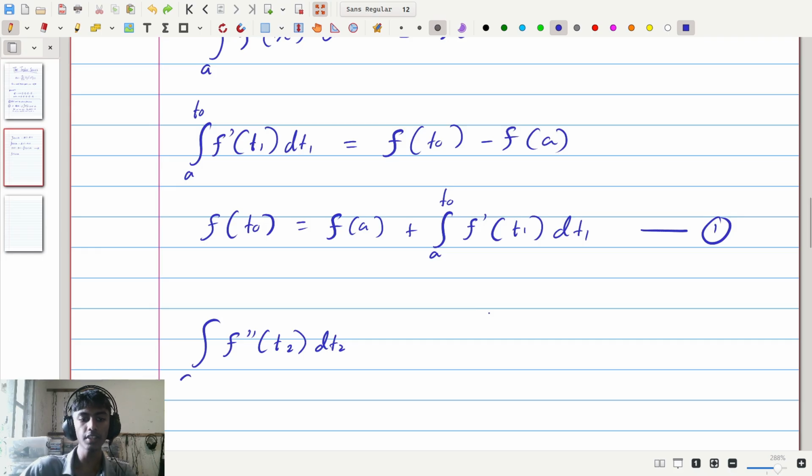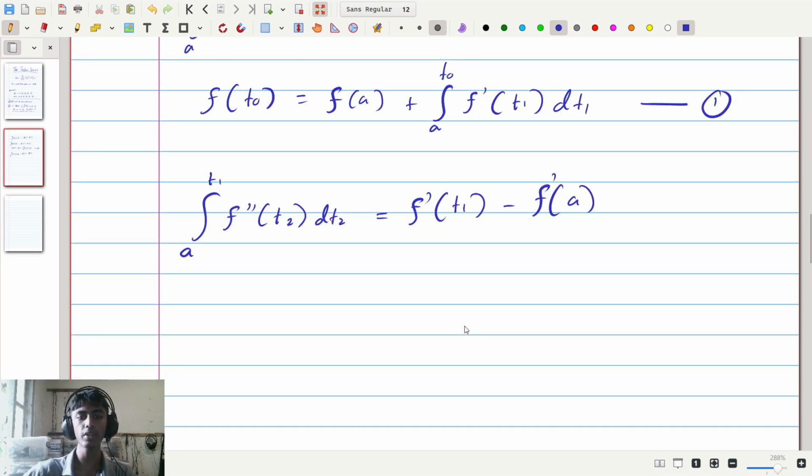If we consider this thing's integral from a up to t1, this is going to be the function whose derivative is this function, as in f prime evaluated at the top limit, which is t1, minus the bottom limit, which is a, so minus f prime of a.